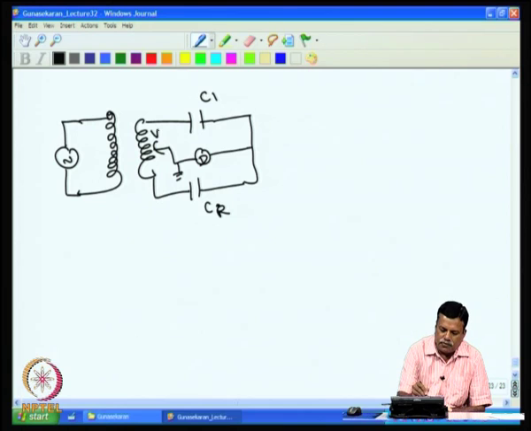V1, V2 you had, and this circuit is a ratio transformer bridge.